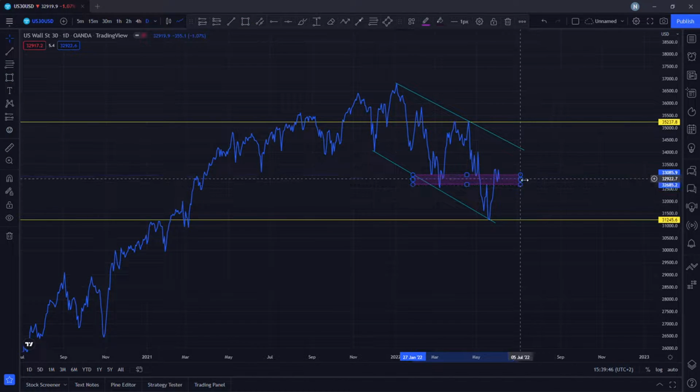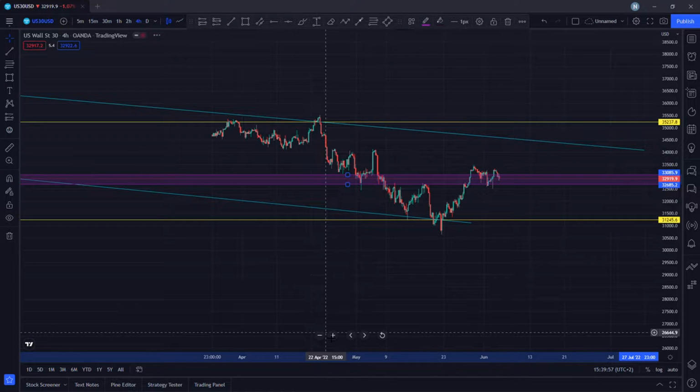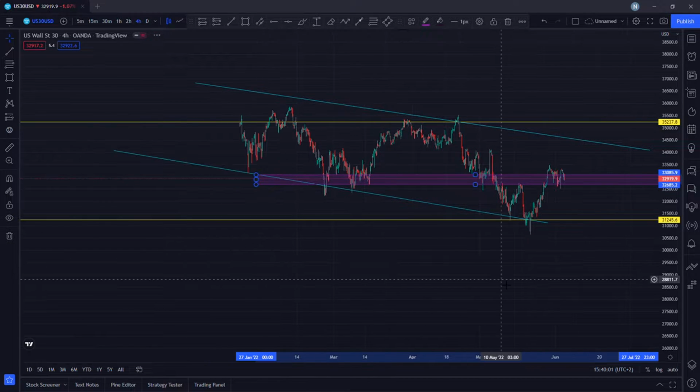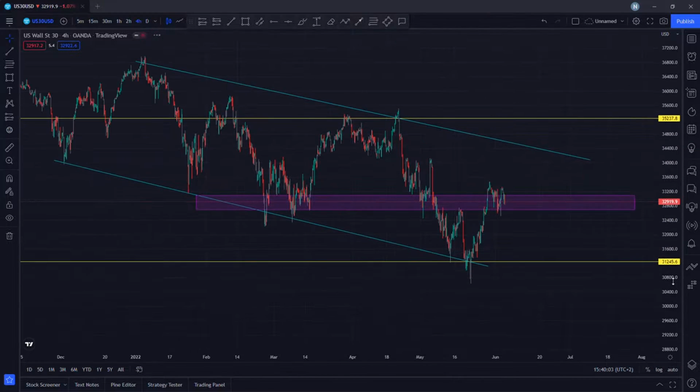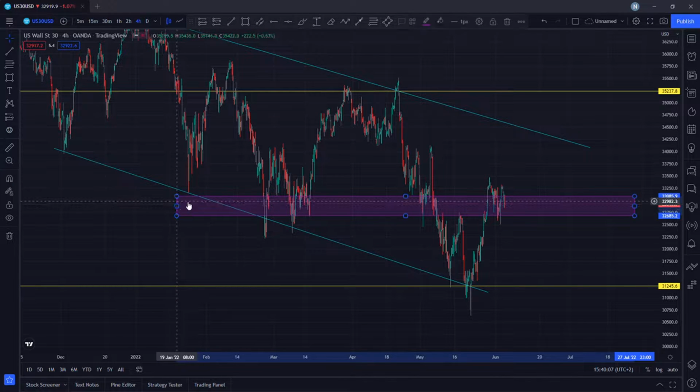I think I'm going to remove this when I go down the time frames. Now let's see the 4 hour on a candlestick and no longer on a line graph. You can see that big one there. I felt like it was too big, so I'm going to remove it.